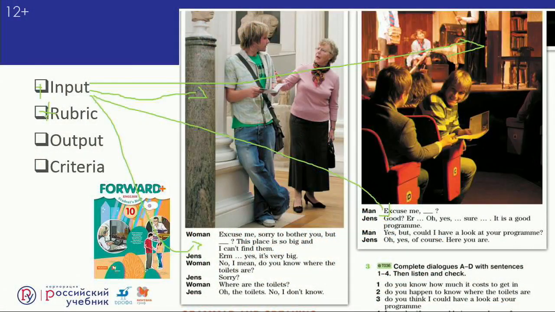Most of you said that there is a rubric, and that's right. The rubric is pretty short here. It's complete dialogues A to D with sentences 1 to 4. Then listen and check.